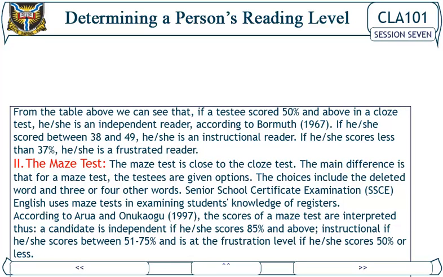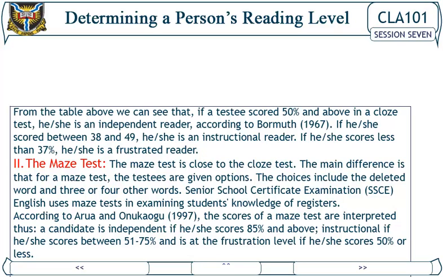From the table above, we can see that if a testee scored 50% and above in a class test, he or she is an independent reader, according to Beaumont, 1967. If he or she scored between 38 and 49, he or she is an instructional reader. If he or she scores less than 37%, he or she is a frustrated reader.